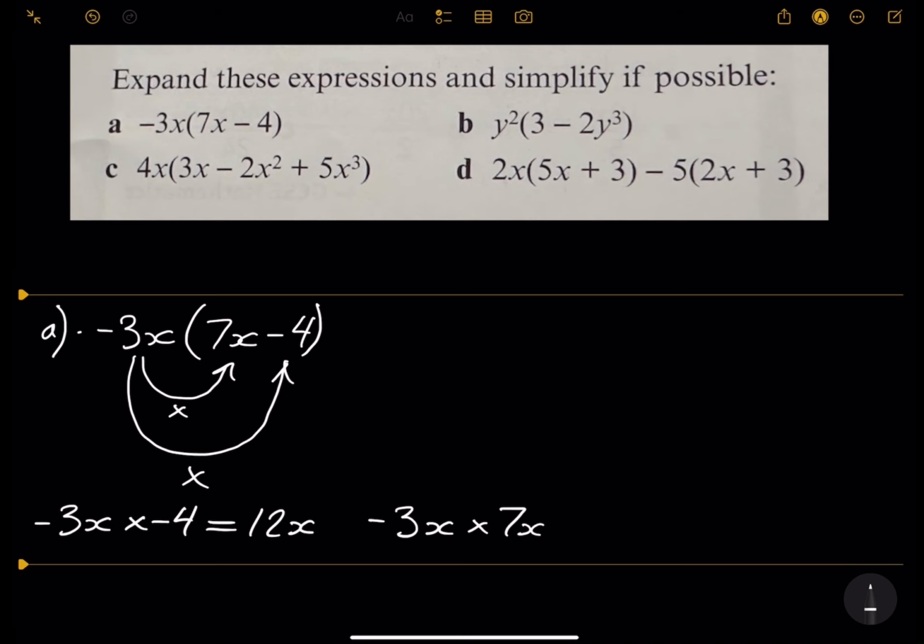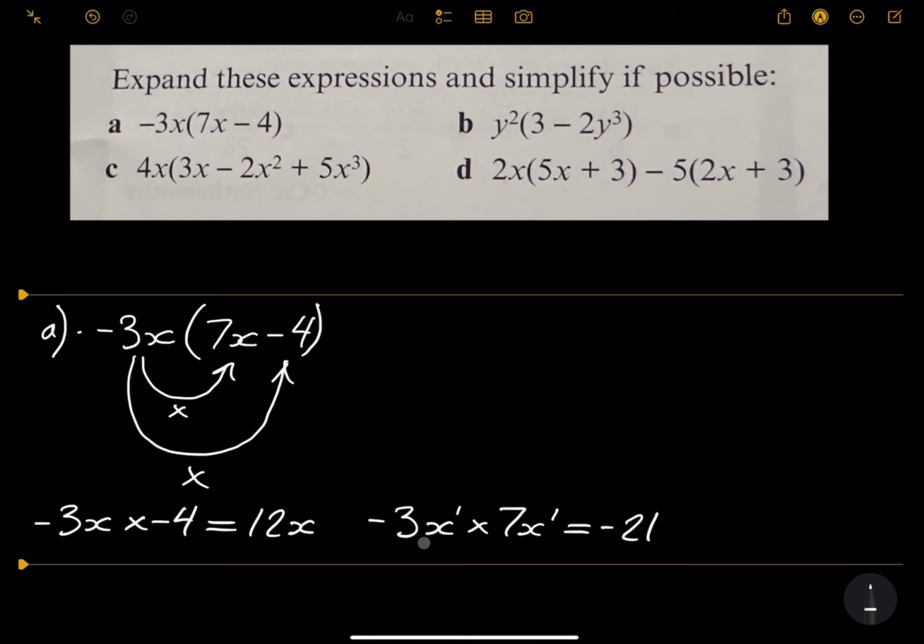For minus 3x and 7x, we've got an invisible one here. Another thing I should have mentioned earlier is that when we've got integers in front of the variable x, we have to multiply these integers. So minus 3 times 7 is minus 21.